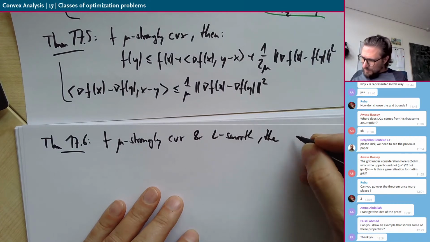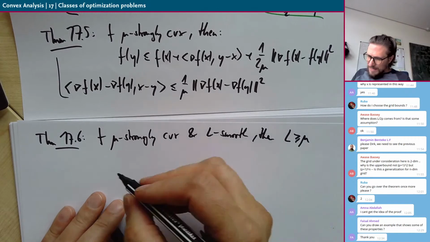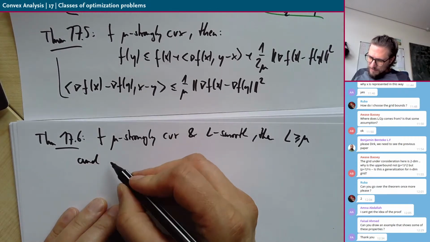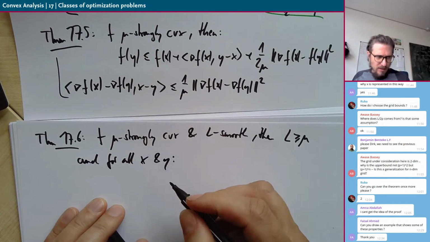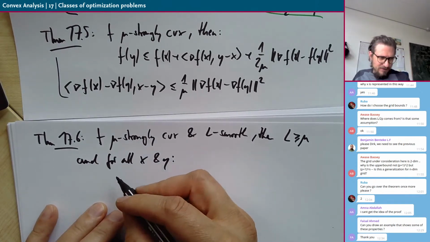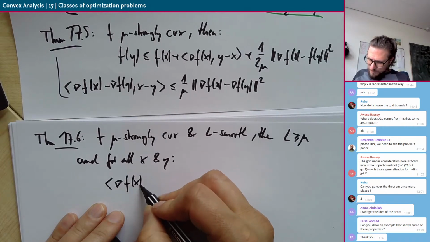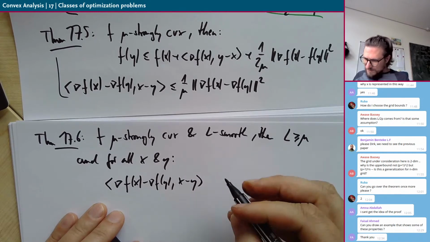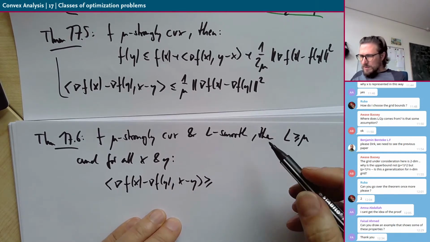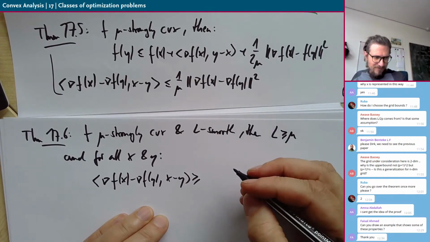Then we know that f is larger than mu. We know that already from the previous, and for all x and y, it holds that we can bound the difference of the gradients times the difference of the points from below by something which now combines L and mu in a clever way.